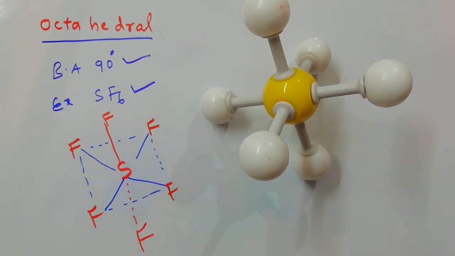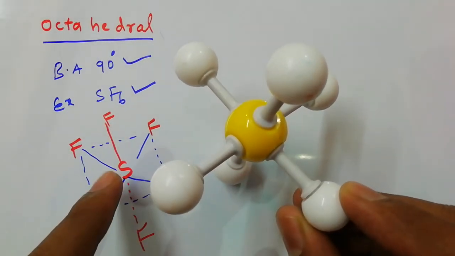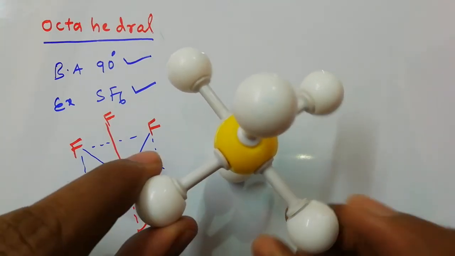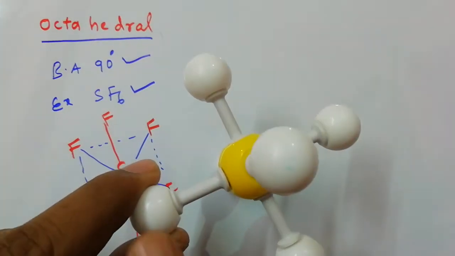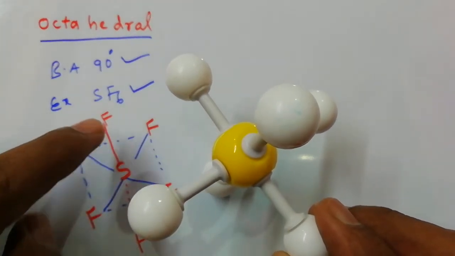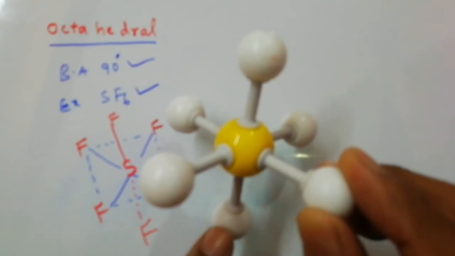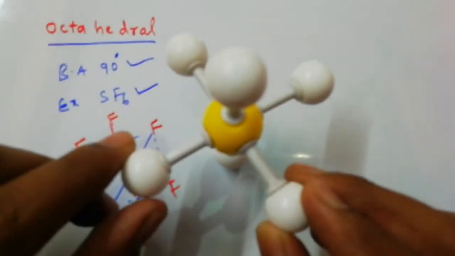This is the octahedral structure that you can see in this molecular model. See, the yellow one, just assume, is the sulfur atom, and these four are fluorine atoms. Then the fluorine in the upward direction is this one, and the dotted line fluorine is this one. So this is the octahedral structure.